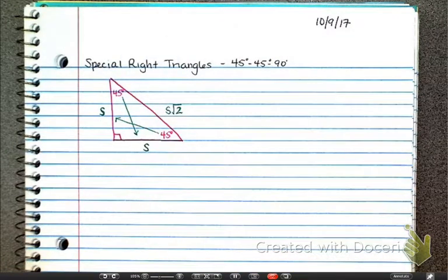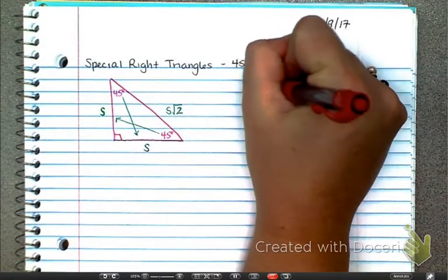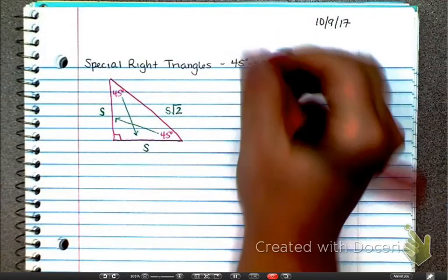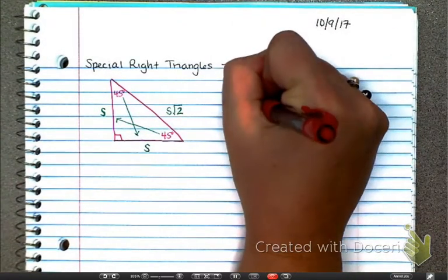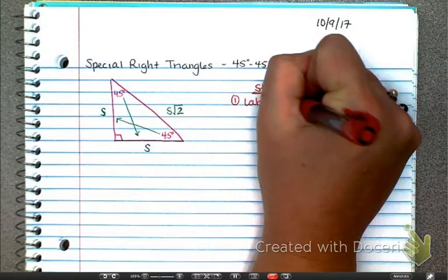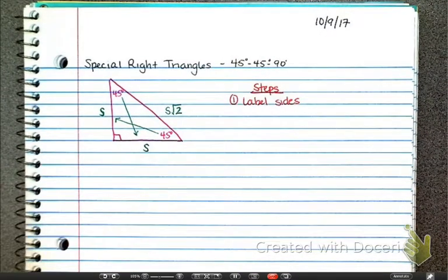Now there are a list of steps that we're going to follow for these problems to make it a whole lot easier on ourselves. So our first step is going to be to label the sides. And when I mean label the sides, I mean label it with S, S, and S radical 2. Okay, that's what labeling our sides means.